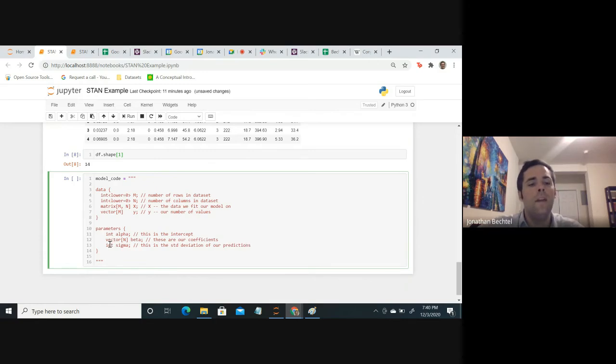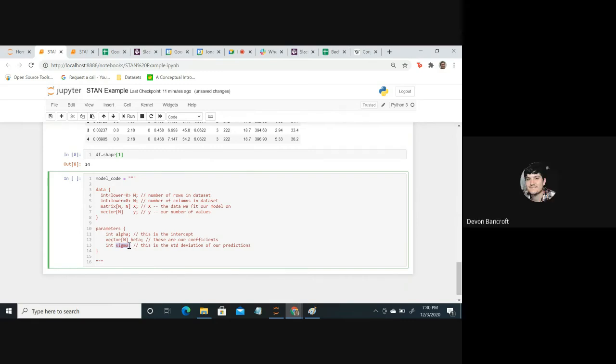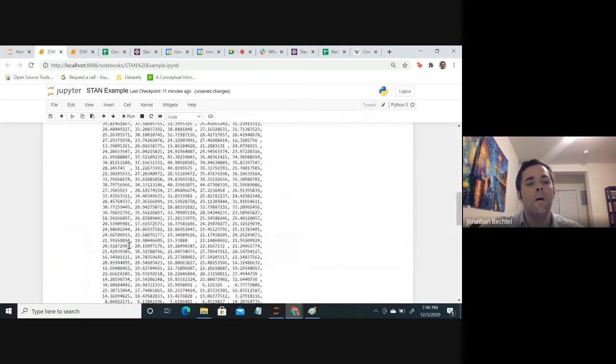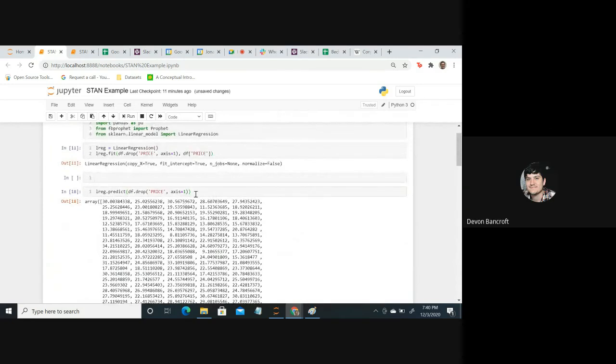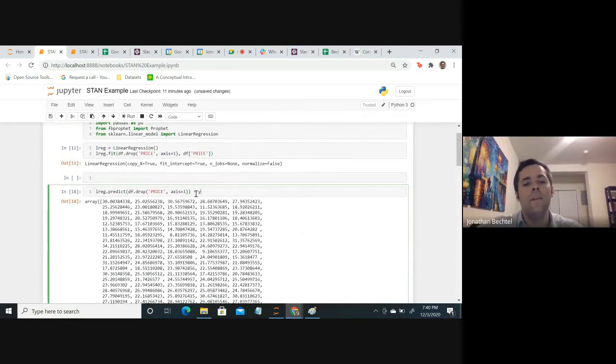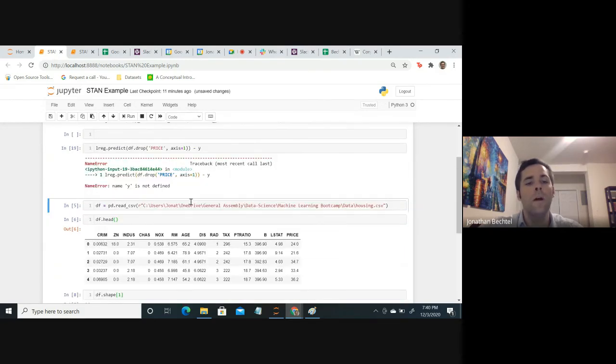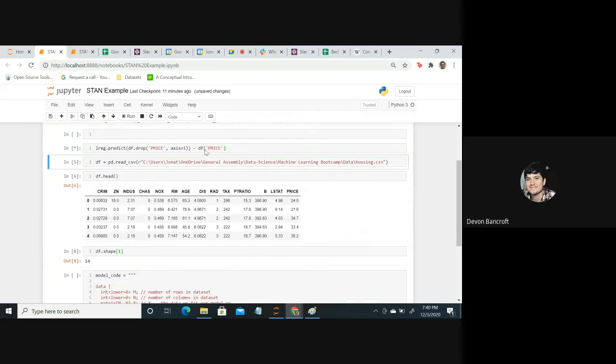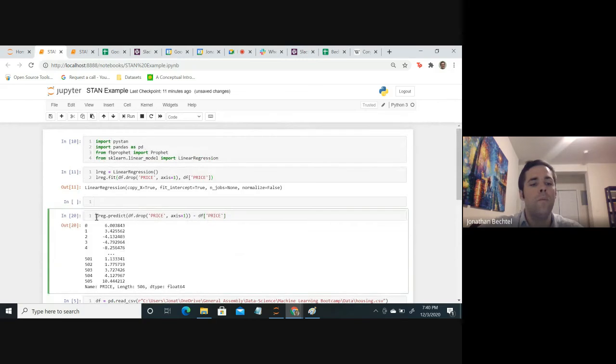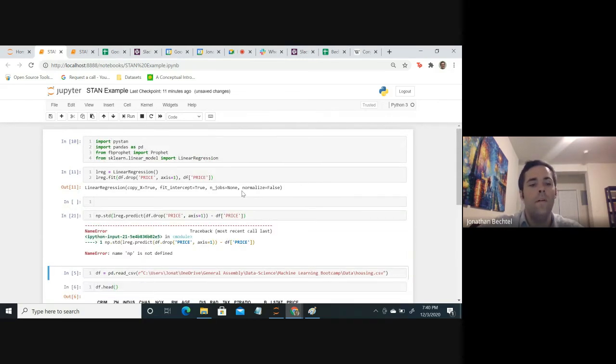And basically here, this sigma thing, Devin, is what I was talking about up here. The idea is this informs us of how reliable our predictions are, and it's something that you solve for. So therefore, you actually have to define it beforehand. So we want to figure out what that number is.